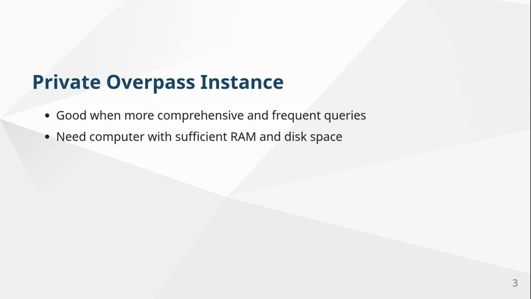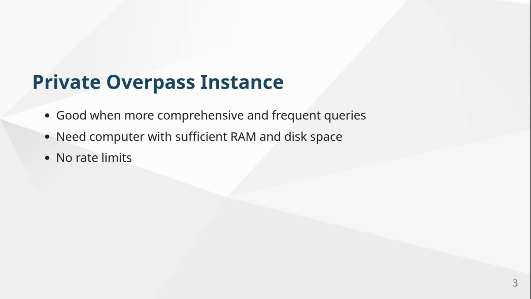And you need to have a computer with sufficient RAM and disk space. So depending on the region you want to query, it might be quite significant the disk space you need. For example, for the whole of Europe, it might be terabytes. So you need to provide real resources so that you can do that query.